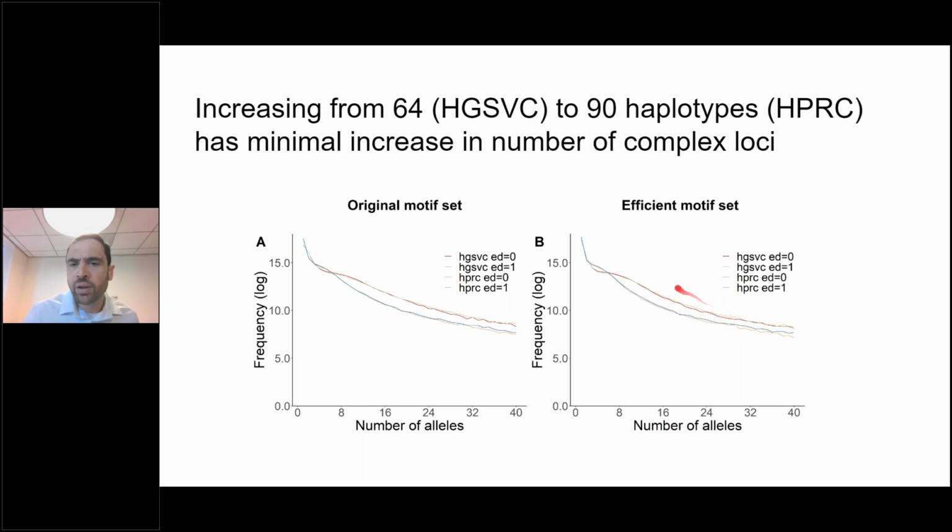We can focus on the plot on the right, where the red line and the green line are the same edit distances between HGSVC and HPRC, and they're basically on top of each other. With some minor bumps in the HPRC, boosting the number of genomes by about 26 genomes that are a little bit higher quality than the HGSVC, we don't have a huge boost in diversity. So that tells us that we're going to top out relatively soon with this approach.